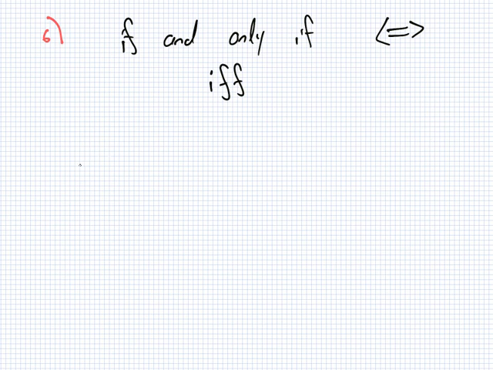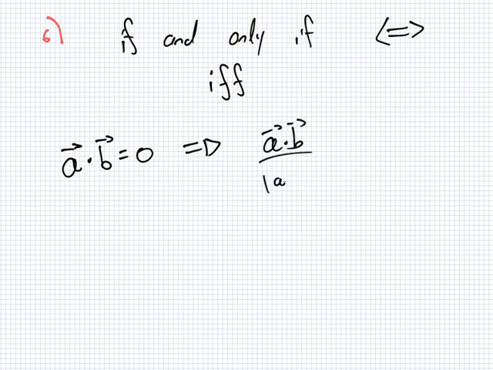Okay, let's have a look. So let's start off in the direction where we know the dot is 0. We also know that the vectors A and B are not 0, so I won't bother writing that. So if that is true, then this would be true as well, as long as A and B magnitudes are not 0. But if that is true, then this is true, because cos theta is the same as that.